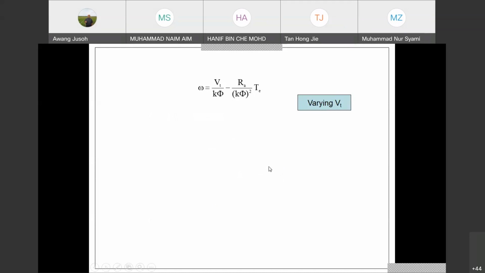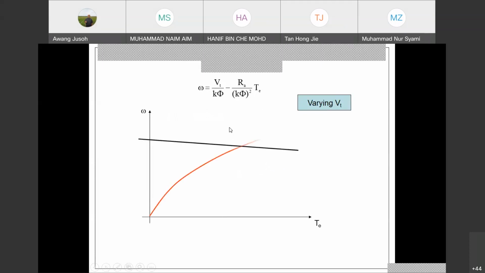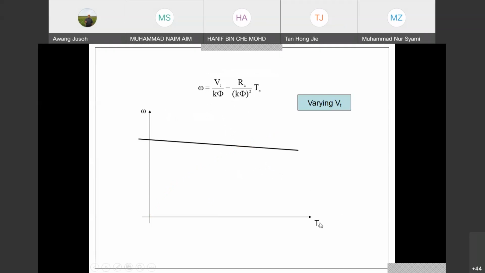Now we try to plot the V terminal control. If we control the V terminal of the DC motor, what happens? You can see based on this formula, speed versus torque. This is zero torque, or no load torque, or zero current.